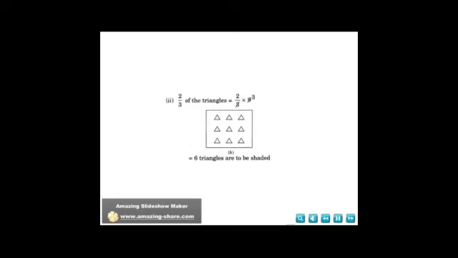Now 3 and 9 can be cancelled. So 3 one time is 3 and 3 times 3 are 9. Now the numerator is 2 into 3, which is equal to 6. Therefore 6 triangles are to be shaded. From the solution, out of 9 triangles, 6 triangles are shaded like this.